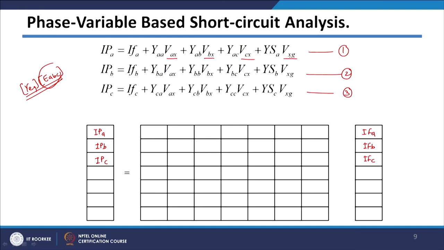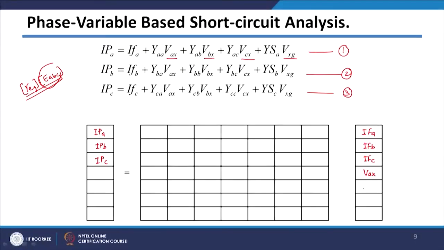So until we consider a particular kind of fault, let us consider them as variables. So VAX, VBX, VCX and VXG are also variables. Let us put these variables into a matrix system.